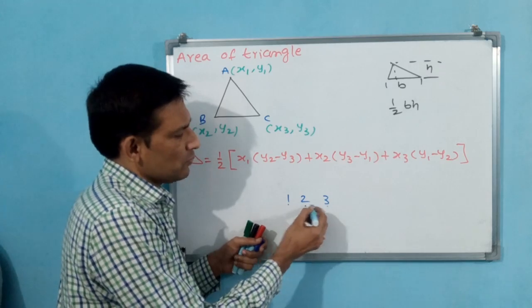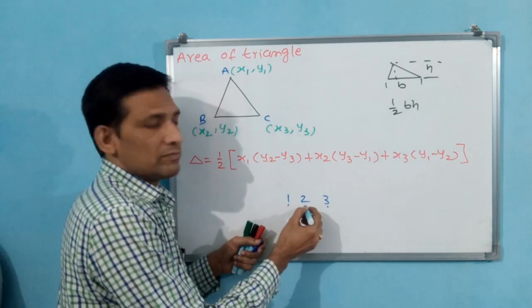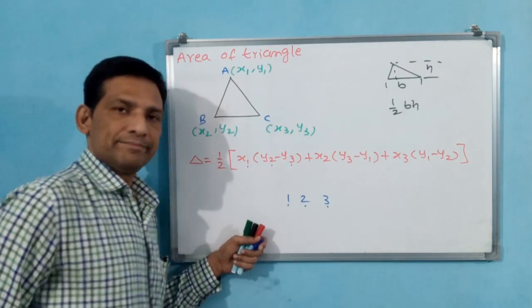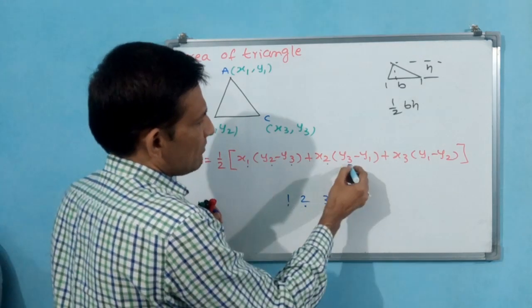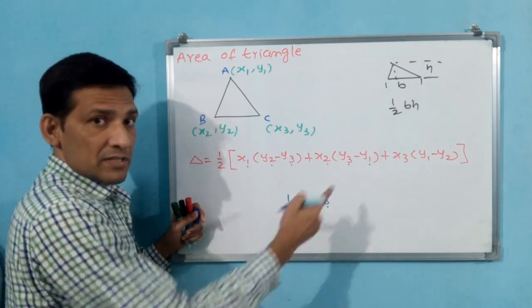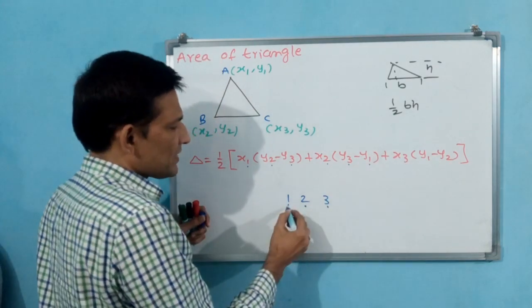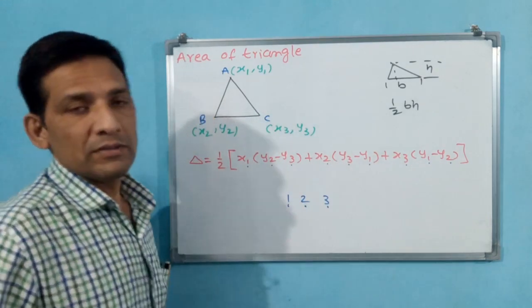If you start from 2, then 3 and 1. If you start from 3, then 1 and 2. Suffixes I am telling. If 2 is there, then after 2, 3 will come, then 1 will come. If 3 is there, automatically after 3, 1 will come, then 2. You understand now?